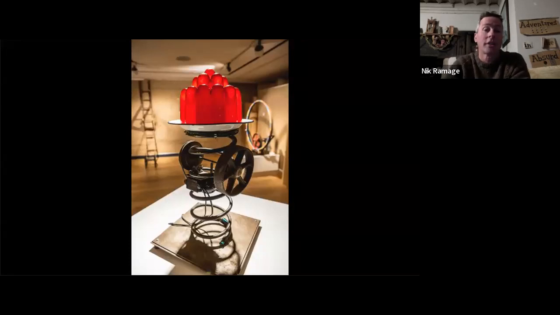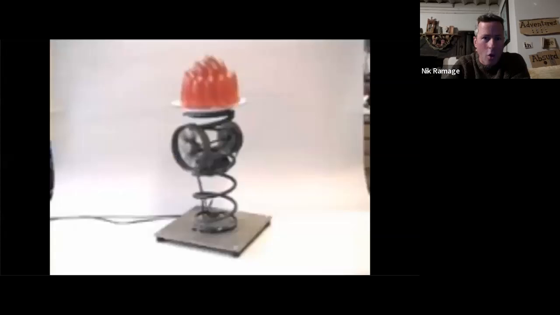So the viewer can operate it and drive it and decide how it should move. I've got a quite awful low quality film here, but there we are.